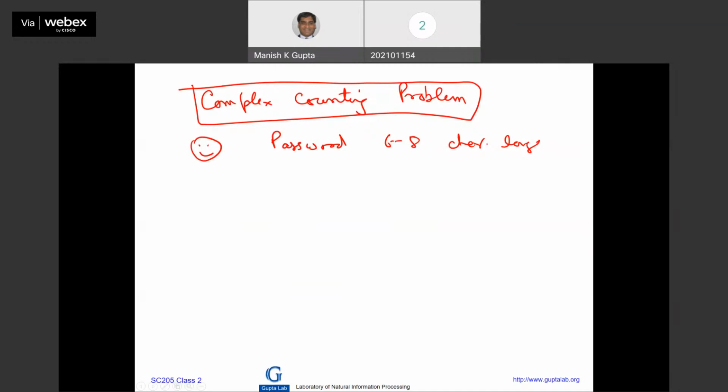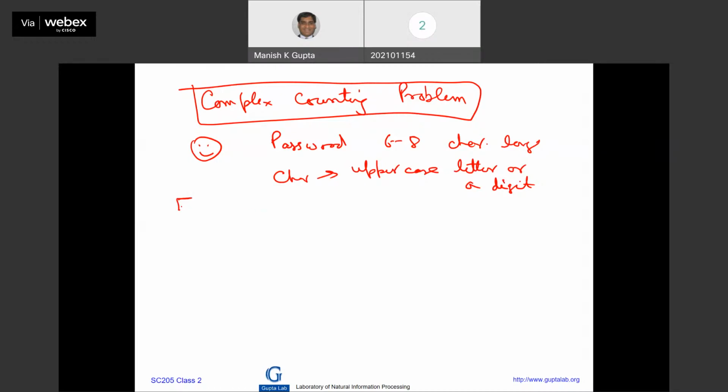And what are these characters? Each is an uppercase letter, meaning 26 letters, or a digit out of those 10, 0 to 9.